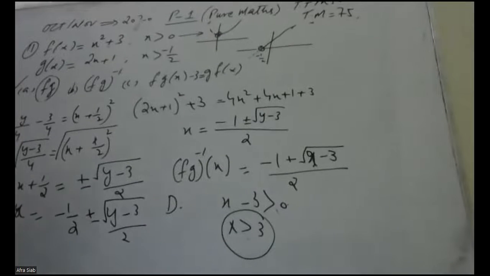Now for the C part. FG of x. So f and g of x is 2x plus 1 minus 3 is equal to gf of x.